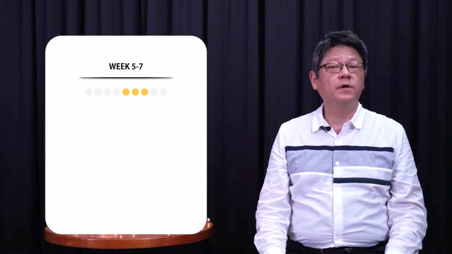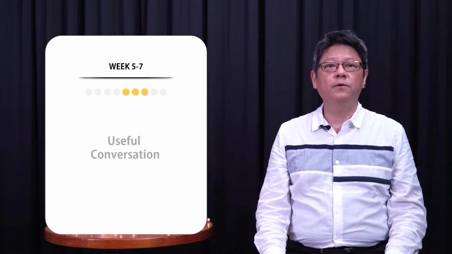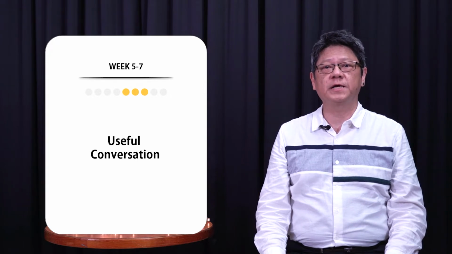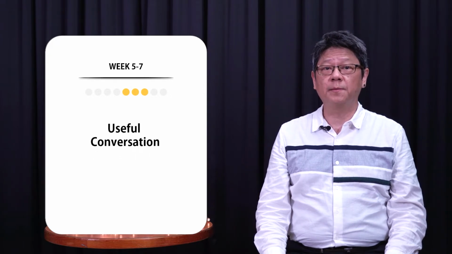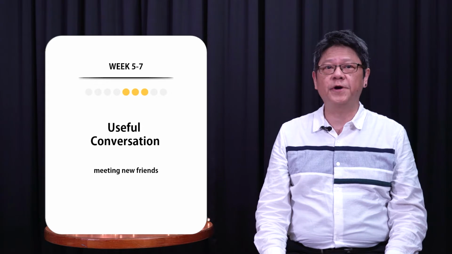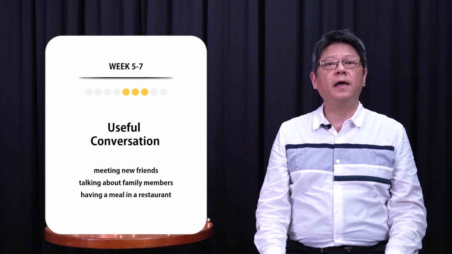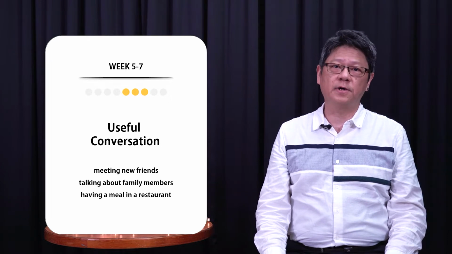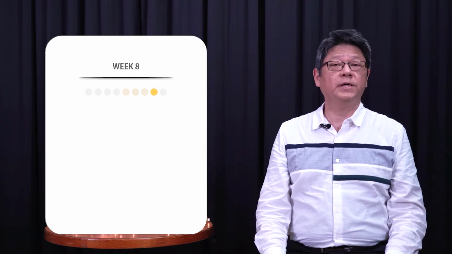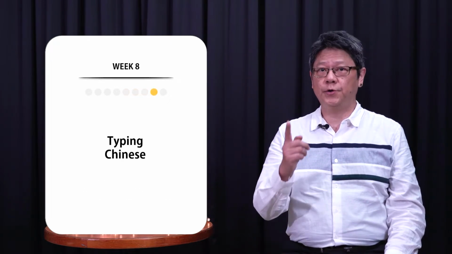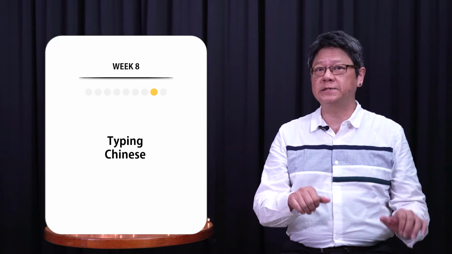During week 5 to week 7, we will learn some useful conversation, including the topics of meeting new friends, talking about family members, and having a meal in a restaurant. In week 8, I will show you how to type in Chinese.